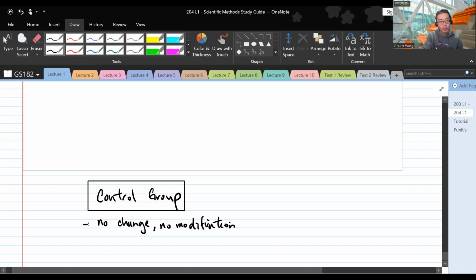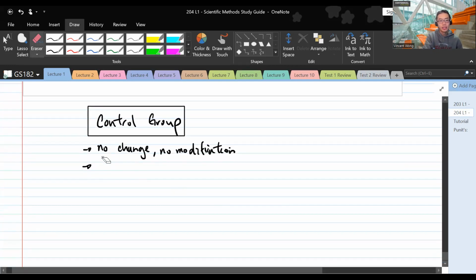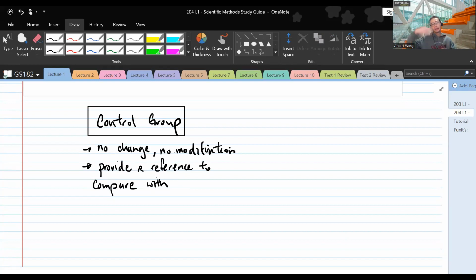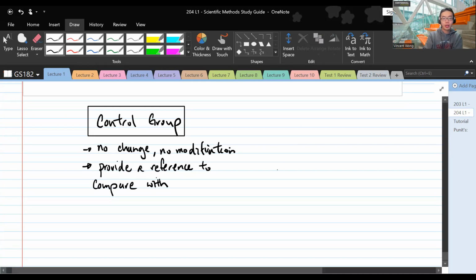The purpose of having a control group is to provide a reference to compare with. Usually the control group represents what normal is, and we will take the results from the other group and compare it to the control group, and then we will be able to see what kind of changes there are.